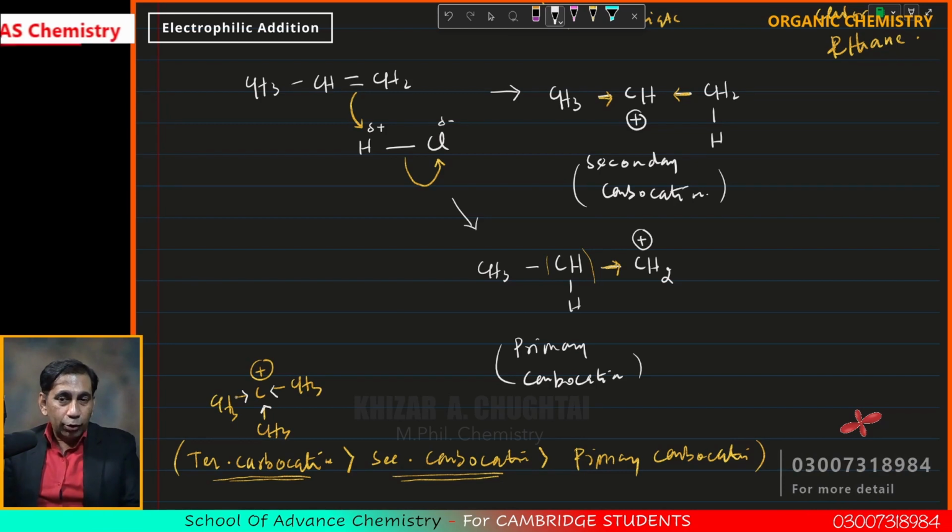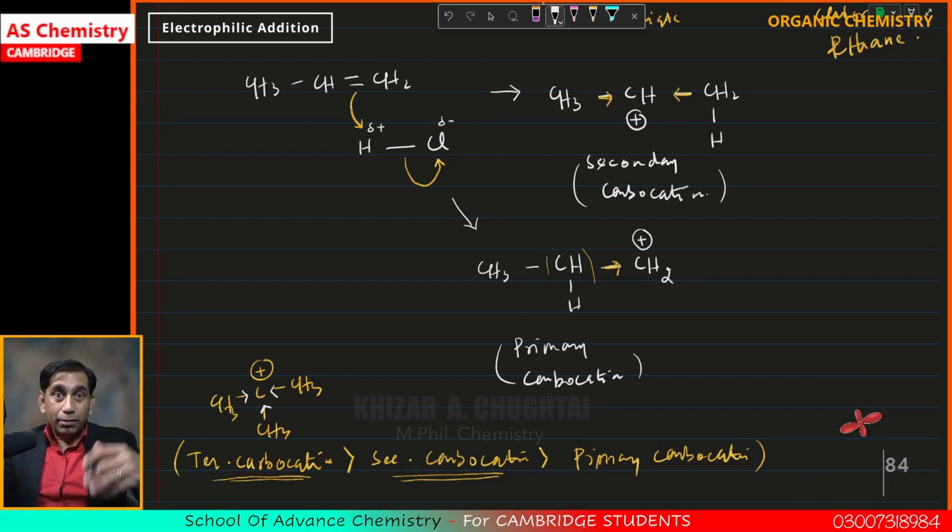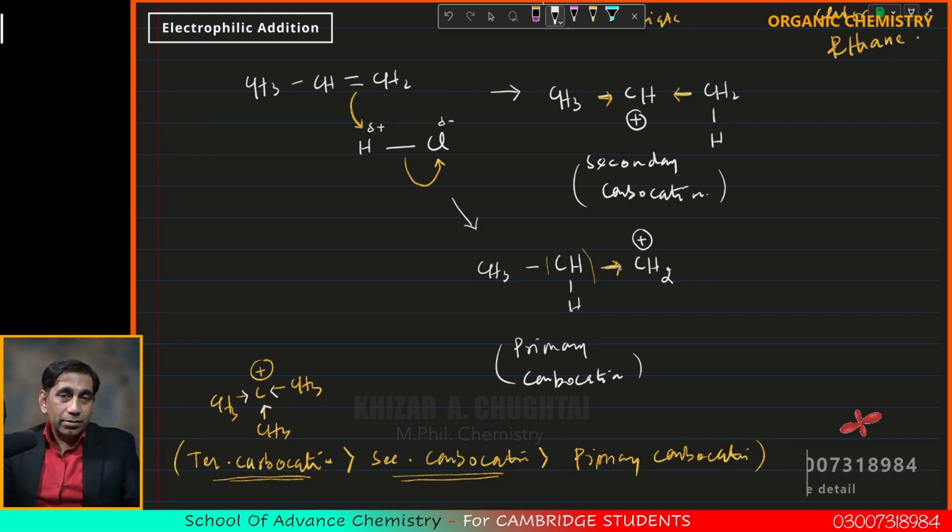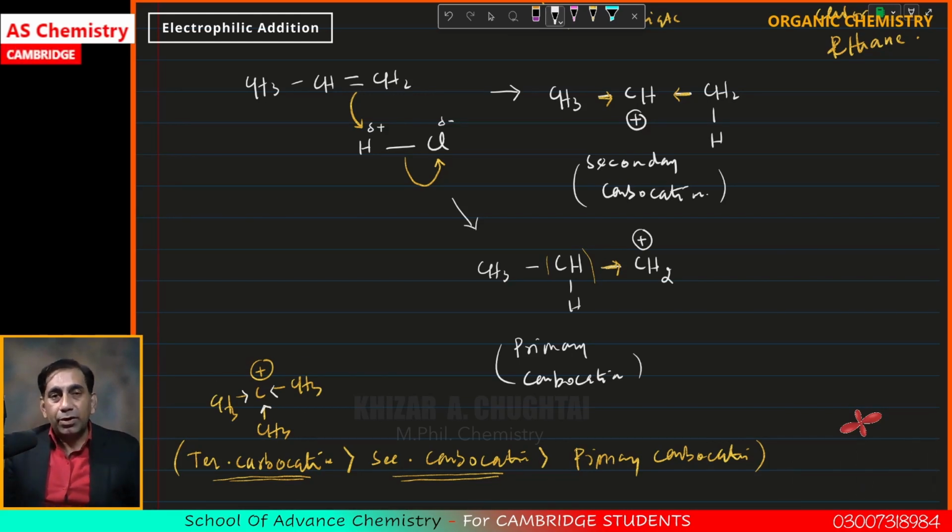The larger the groups surrounding the carbon, the more they compensate the effect of positive charge. In this case, this is the bottom level: there is only one group, so it cannot compensate efficiently. There are two groups to compensate here, and here are three groups compensating the effect of the central positive charge.